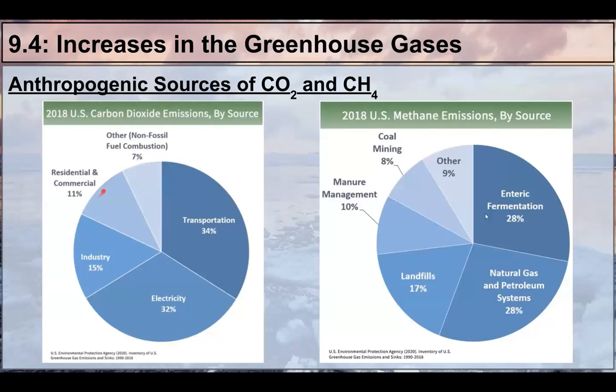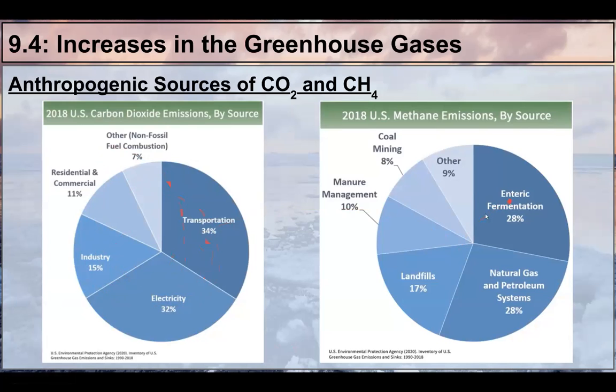Okay, so what are the major anthropogenic sources of carbon dioxide and methane? So over here, we've got carbon dioxide and transportation, electricity. These are talking about burning fossil fuels as well as industry, and honestly, this as well. So that is the main source of carbon dioxide. And then over here, what are the major methane emissions?